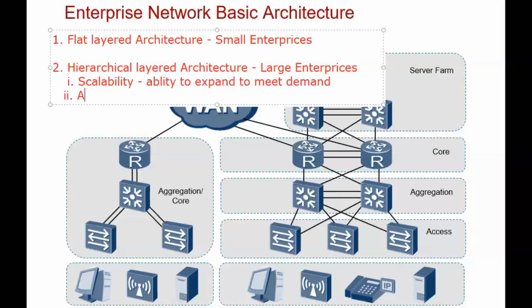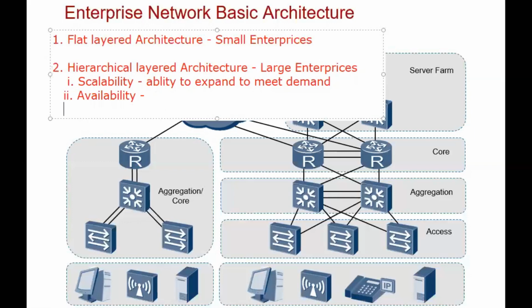The other one is availability. Large enterprises really depend on their network for telephone calls, for accessing the website, and so many other things, and therefore availability is, how can I define it? Can someone help me to define availability? What is availability in simple terms? Anyone?